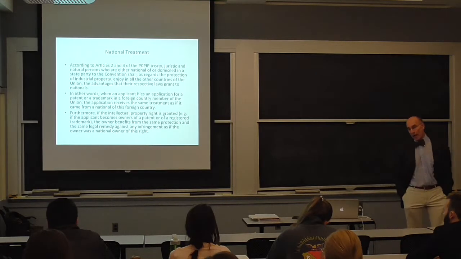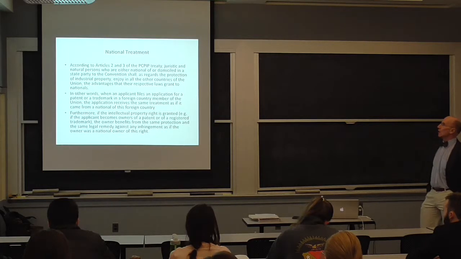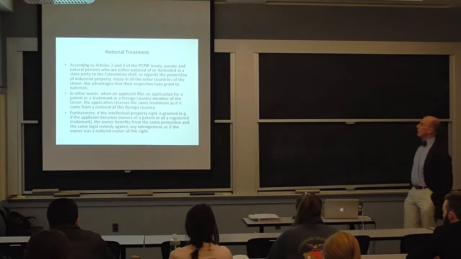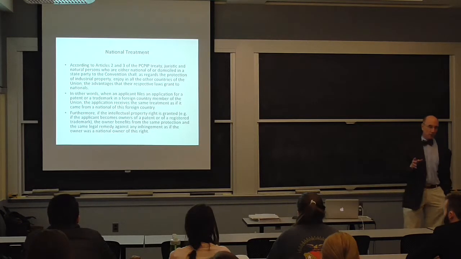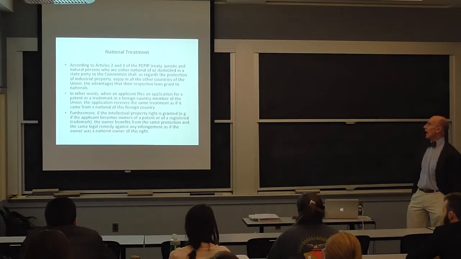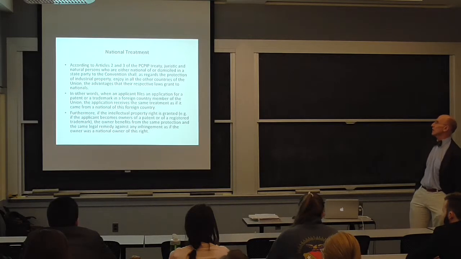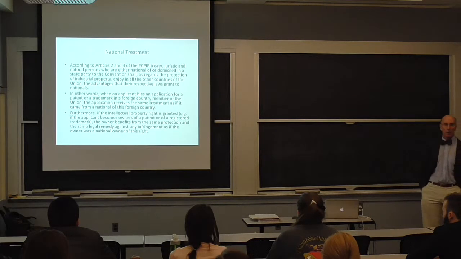So let's talk about national treatment, first to file, and priority rights. According to Articles 2 and 3 of the Paris Convention, juristic and natural persons who are either national or domiciled in a state party to the convention, that is, a signatory, some country that signed the treaty, shall, as regards the protection of industrial property, enjoy in all the other countries of the Union the advantages that their respective laws grant to nationals.